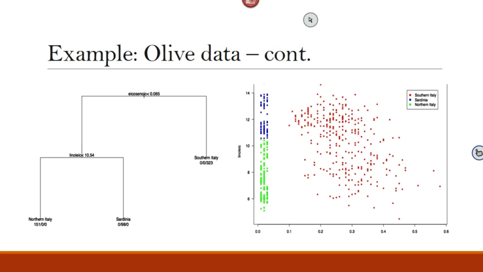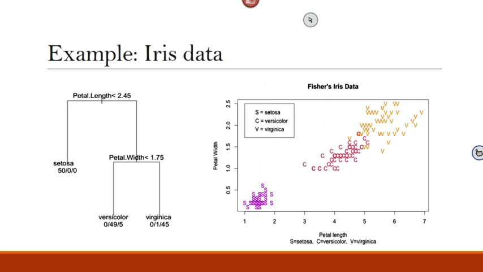And the way to go about making the splits, forming rectangular regions, the only way you can achieve that is using a tree. It will make those rectangle or box splits. Same goes for the iris data.